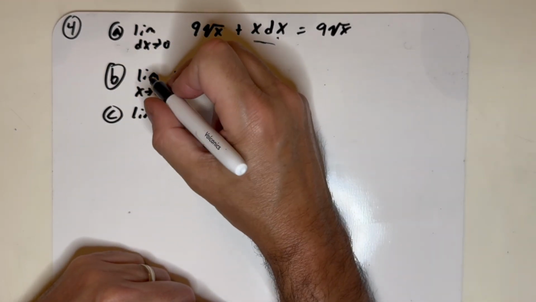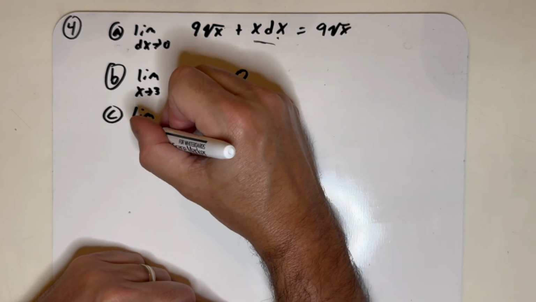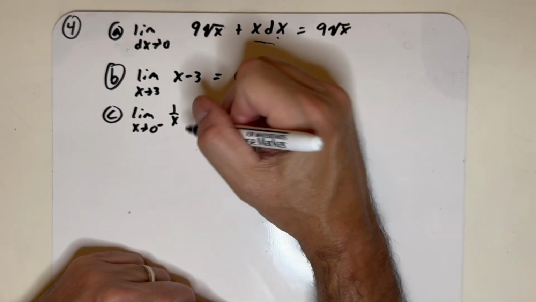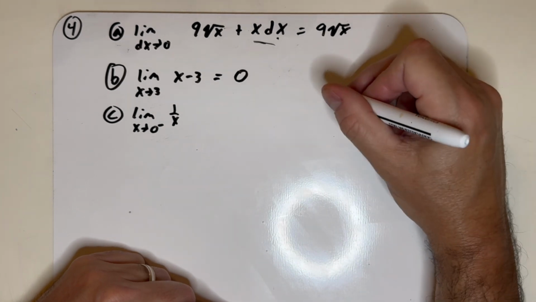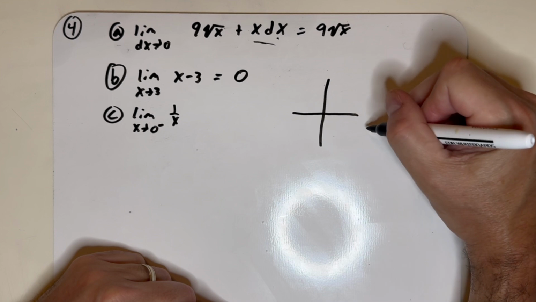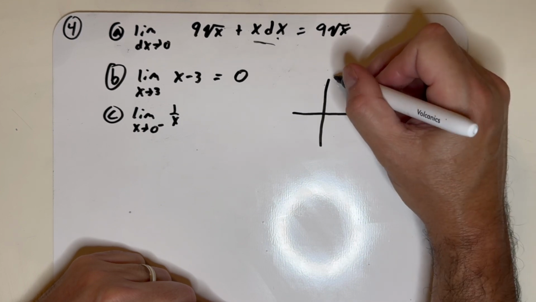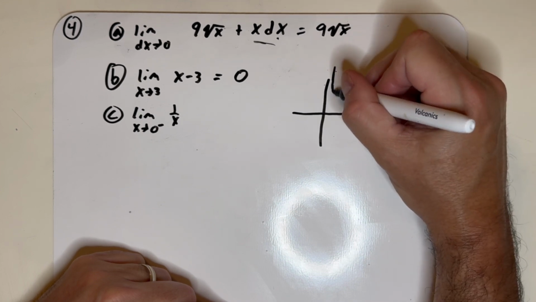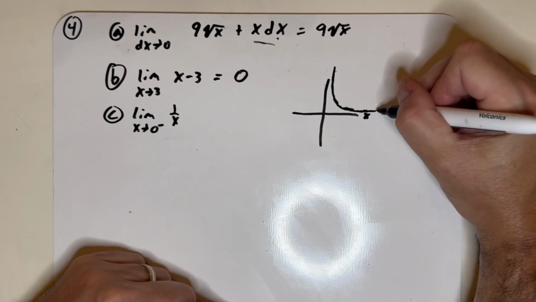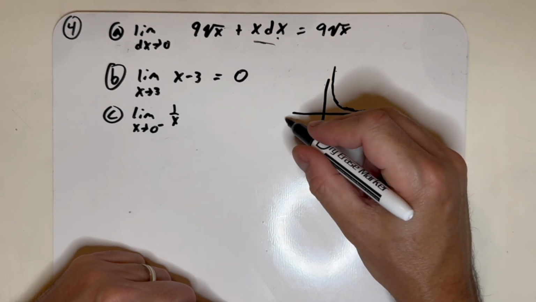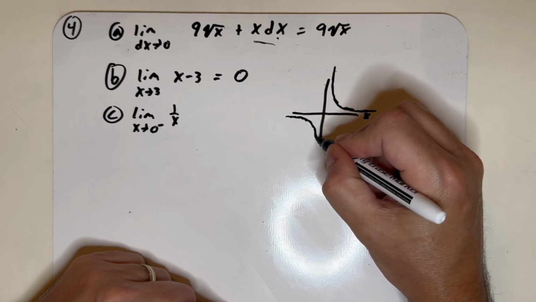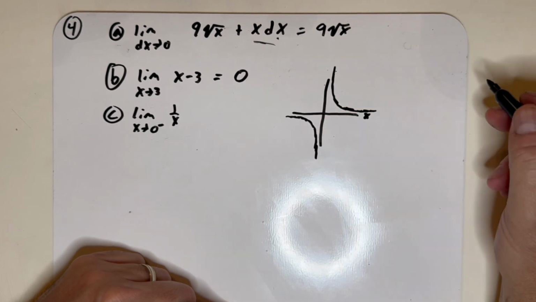the limit as x approaches 0 from the left of 1 over x. So what does that look like? Well, we need to get a graph of 1 over x. It's going to look something like this. So if this is x, 1 over x goes off to infinity that way, and on this side, we go in that direction.